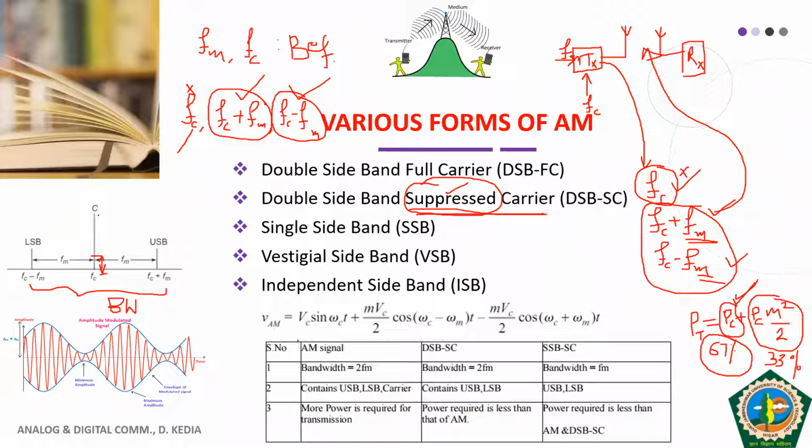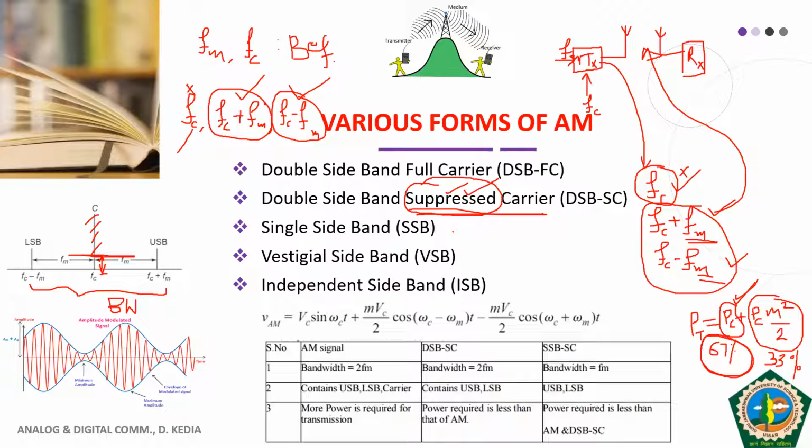So if I suppress the carrier, maybe I'll not be able to save the entire 67% of the power, but say, for example, I am able to save 50% power. I keep some amount of carrier in the signal, and instead of sending the full carrier, I send suppressed carrier.